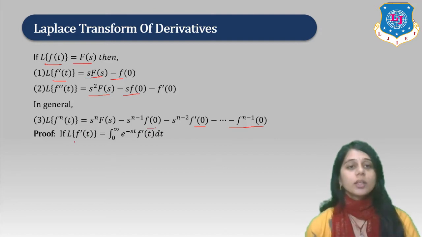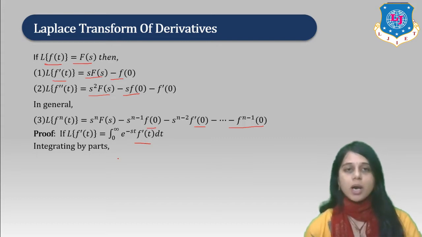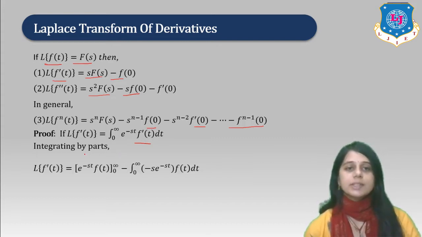Proof. Taking the definition of the Laplace transform, Laplace of f dash t equals integral 0 to infinity e raised to minus st f dash t dt. Integrating by parts, we take e raised to minus st f of t from 0 to infinity minus integral 0 to infinity of minus s e raised to minus st f of t dt.